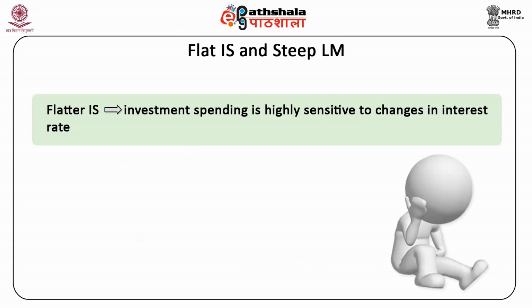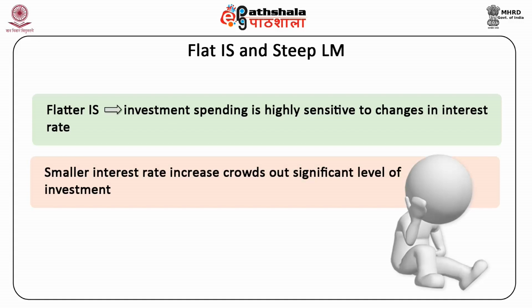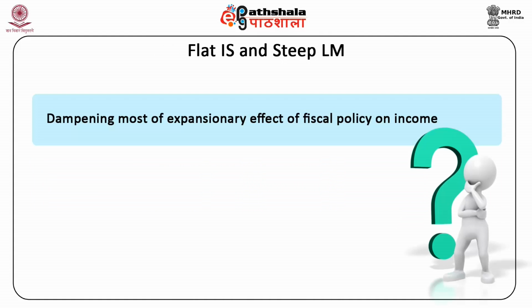A flatter IS represents that investment spending is highly sensitive to changes in interest rate. Thus, even a smaller interest rate increase crowds out a significant level of investment, thereby dampening most of the expansionary effect of fiscal policy on income.